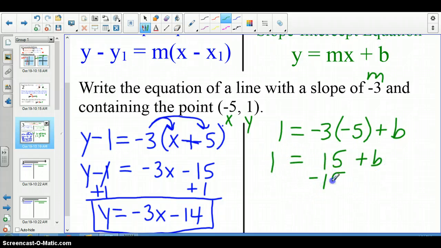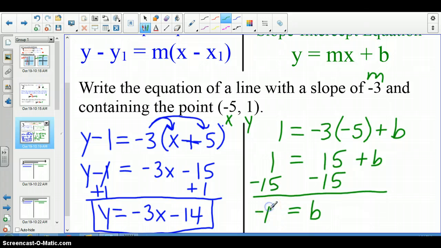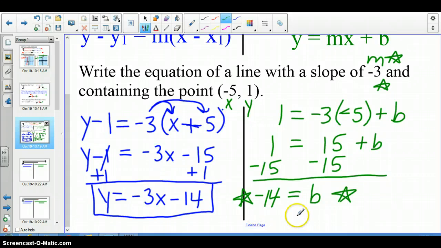Now subtract 15 from both sides to get b all by itself. So I have b is negative 14. Now I'm going to star that, and I'm going to go up and star my slope, because I need to use those two terms to write my equation.